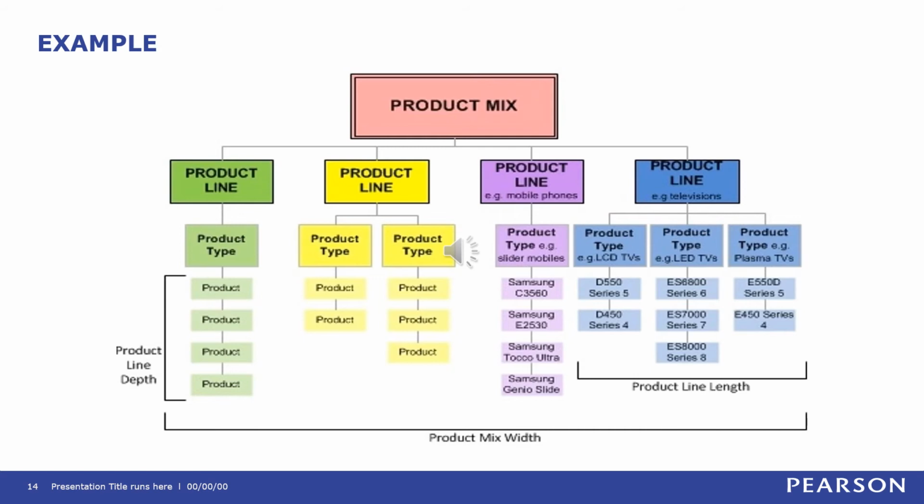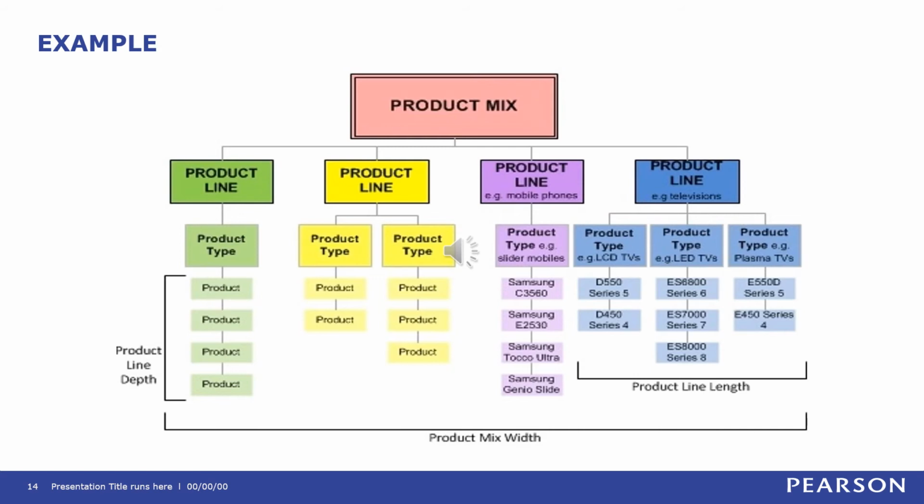The television itself has 3 types, 3 models: one is LCD, another one is LED, and the third type is plasma TV. This is the product line length. On each and every single product type, like the LCD, it has its own different models, different series, right? That is called the product line depth.